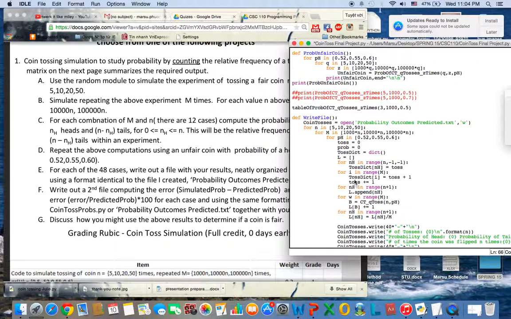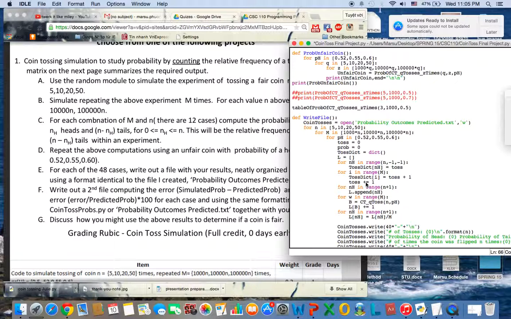And then for i in range of M, which runs from this loop. Okay, so the dictionary item is toes plus 1, to accumulate the toes one more value.